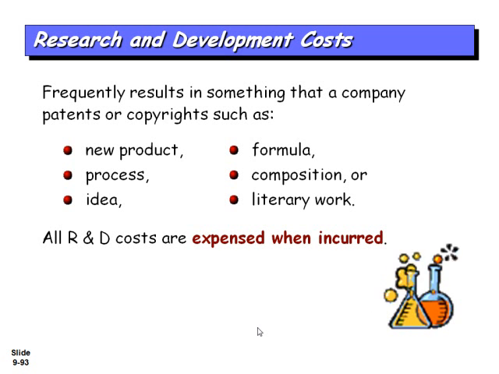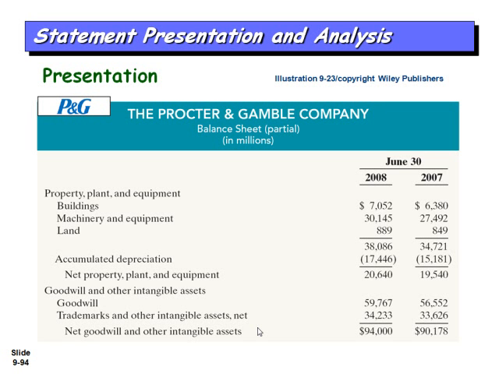There are exceptions in the area of software development, where you're allowed to capitalize at the point the new program or software is technologically feasible. But in general, R&D costs are expensed.